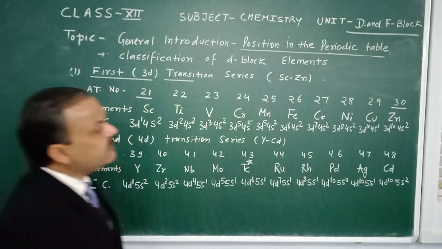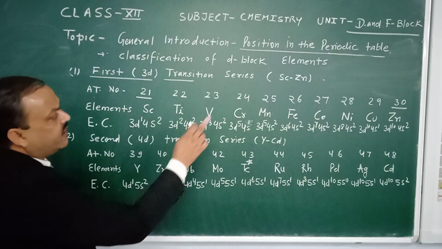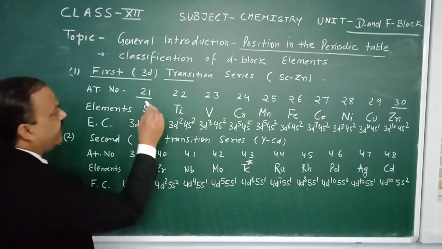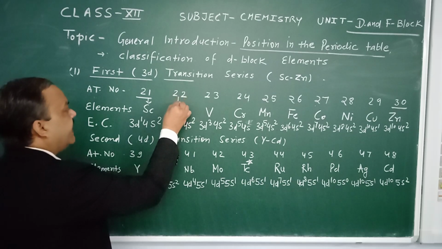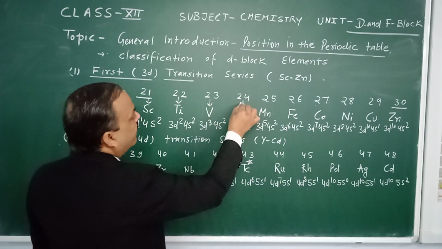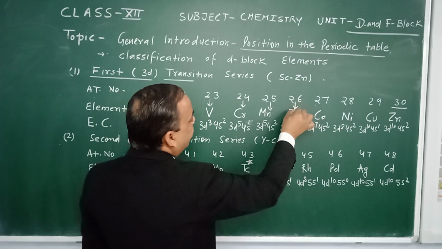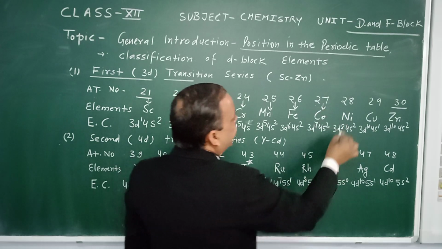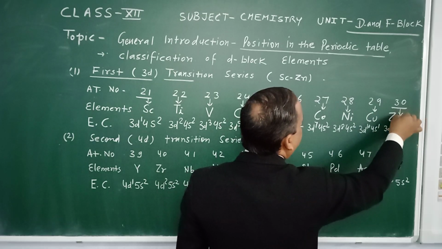So we start with scandium 21, then titanium 22, vanadium 23, chromium 24, manganese 25, iron 26, cobalt 27, nickel 28, copper 29, zinc 30.